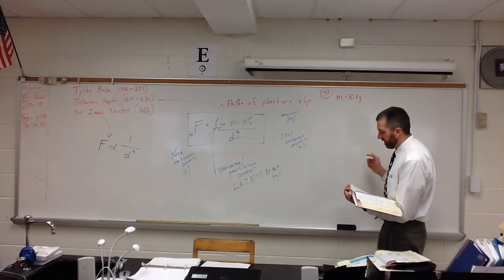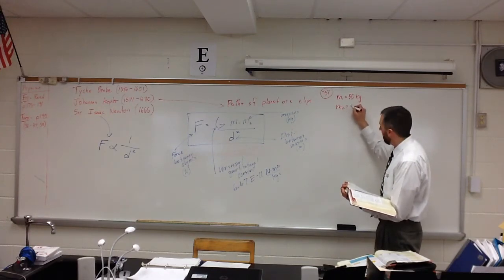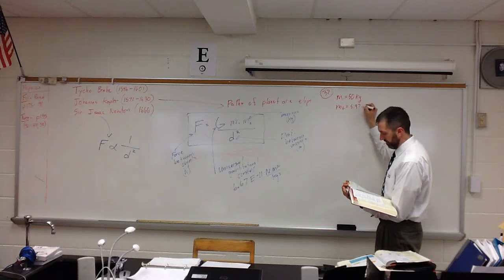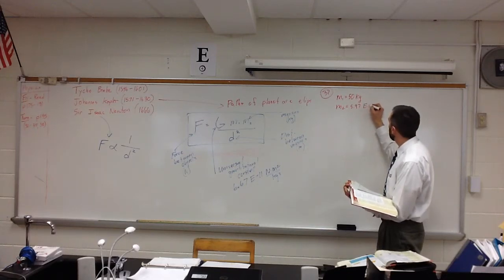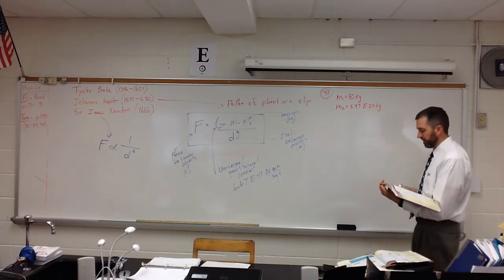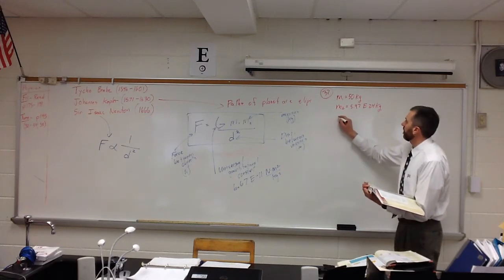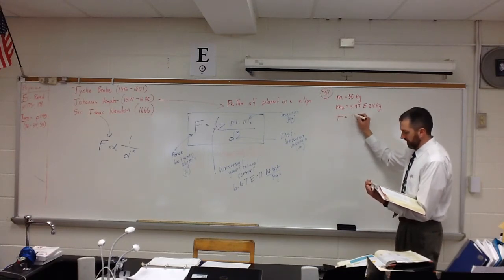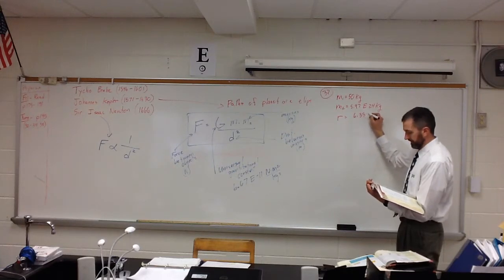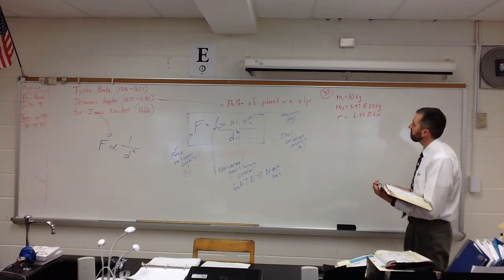And the Earth has a mass of 5.97 E24 kilograms. Did you know the mass of the Earth before this point? Well, there it is. There's the mass of the Earth. And the radius of the Earth is 6.38 E6 meters. Pretty big.